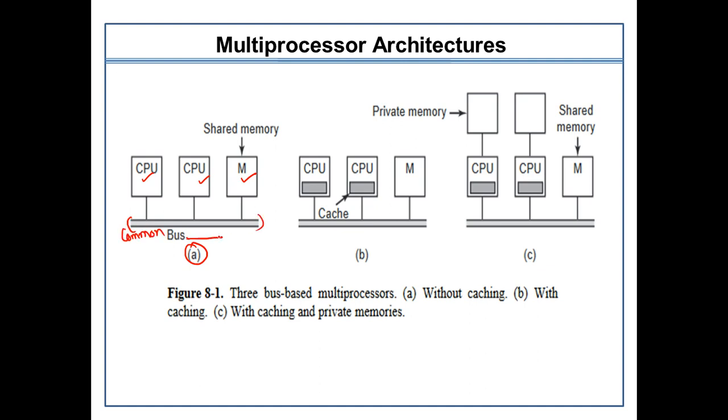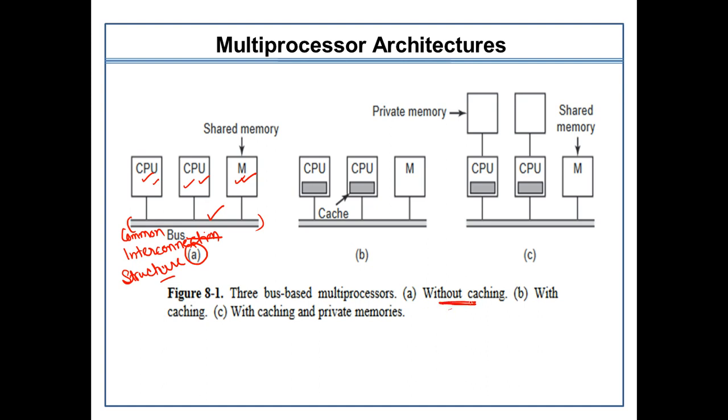So there is a common bus or common interconnection structure. All the CPUs and the memory share a common channel for transferring the data.